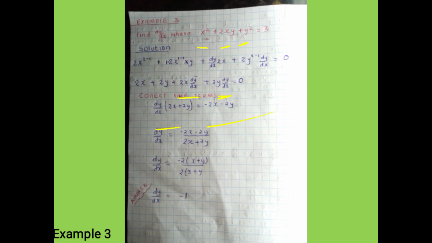So dy/dx is equal to negative 2x minus 2y over 2x plus 2y. You can choose to factor out 2 because 2 is a common term, so this one and this one cancel, and you get negative 2 over 2, which is the same as negative 1.